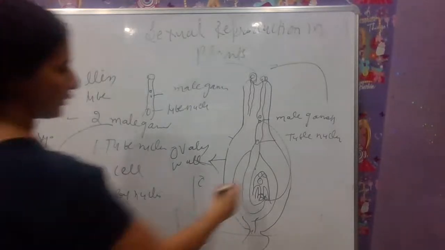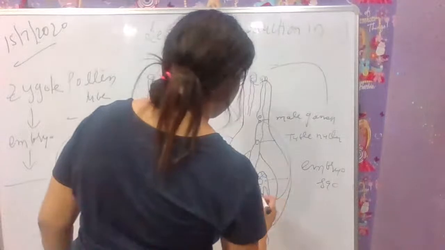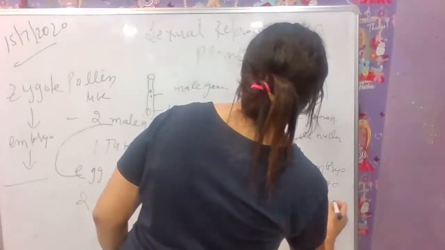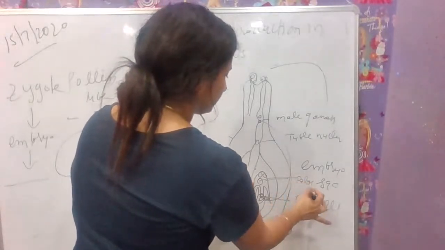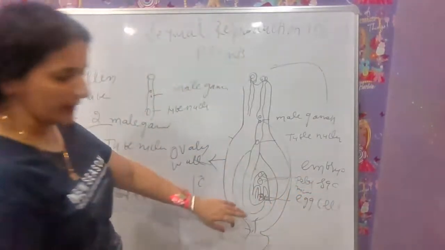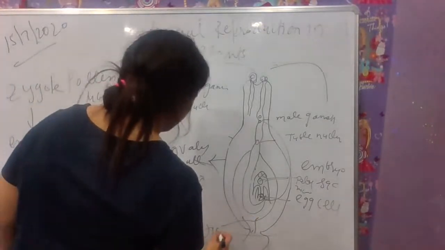This is what embryo sac. This is what egg cell. This is what polar nuclei. Okay? This is ovary wall and this is what ovary.